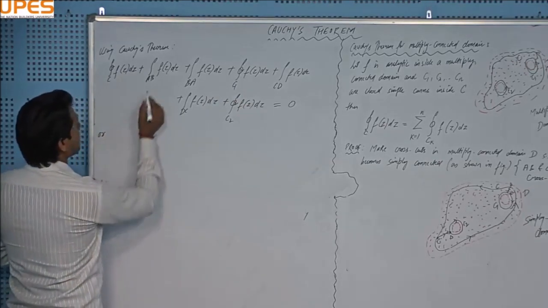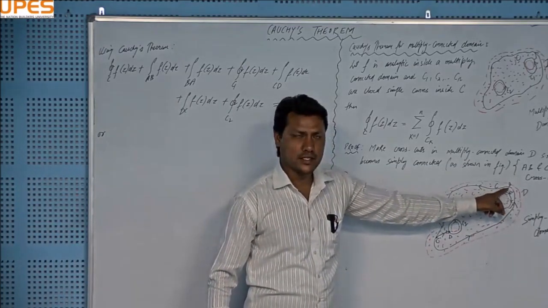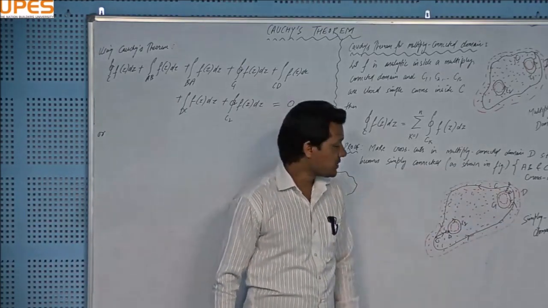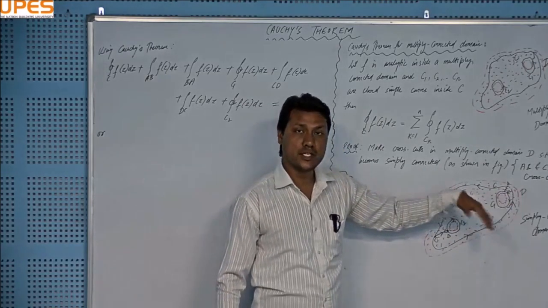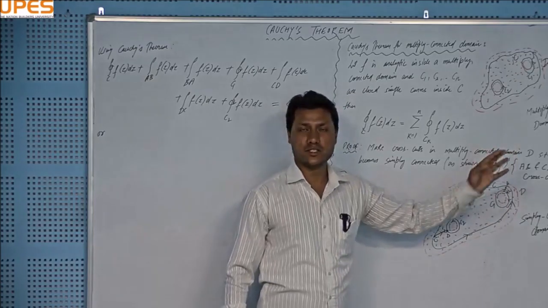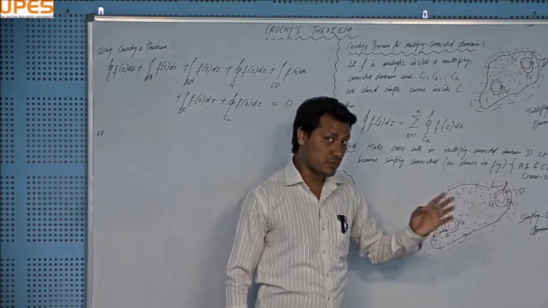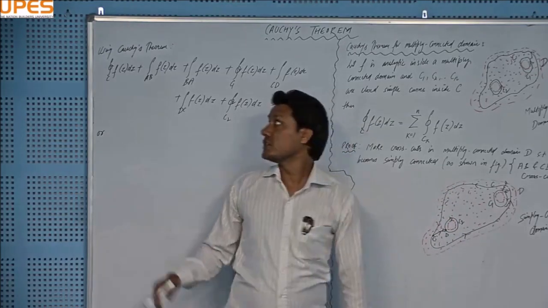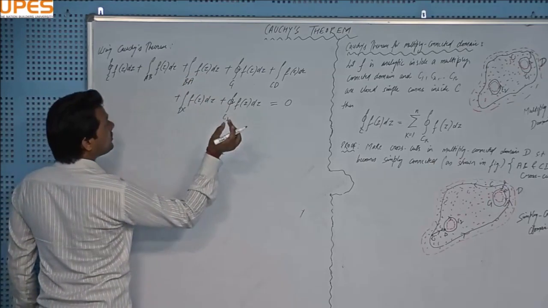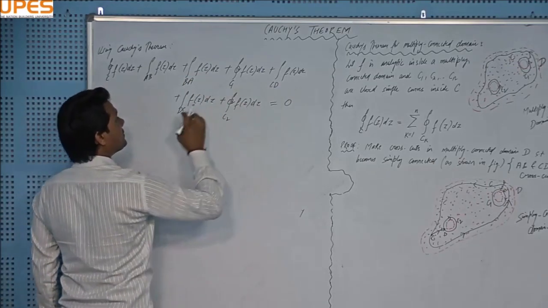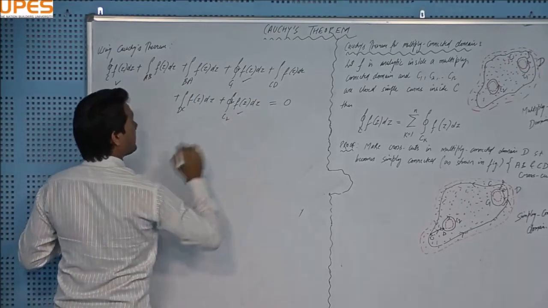So as you know, this AB is a small part of a line, or curve you can say. Integration along AB is equal to the negative of integration along BA, meaning the limits will be changed: lower limit A, upper limit B, and in the reverse case the lower limit will be B and the upper limit will be A. So these two integrals will cancel each other. And similarly these two integrals CD and DC will cancel each other. And we'll be left with these three integrals, first, second and third.